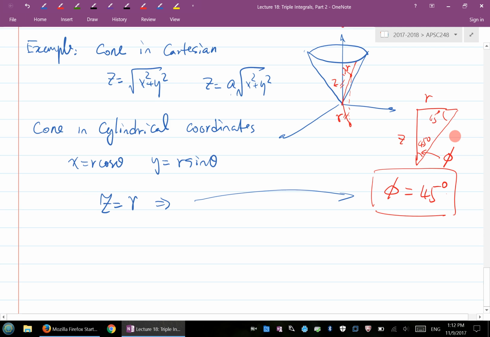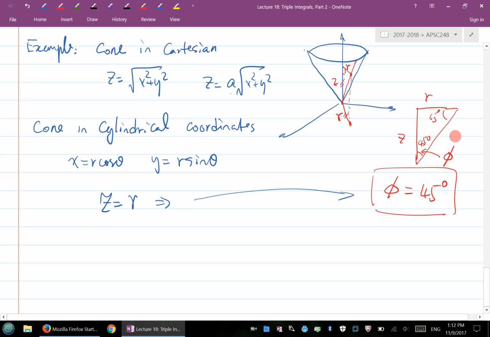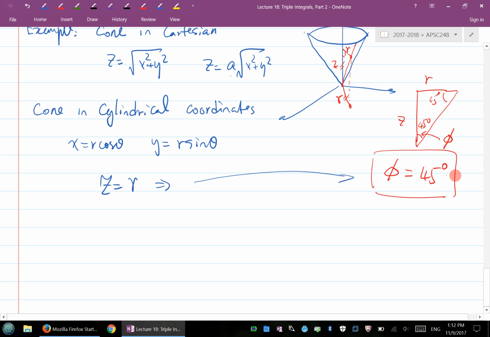So this is your interpretation of z equal to r. Now, let's give a different cone. z equal to 1 over root 3 times the square root of x squared plus y squared.